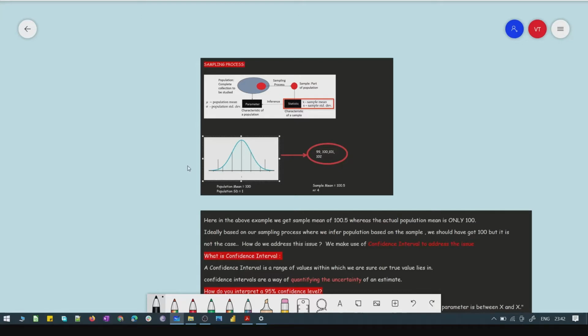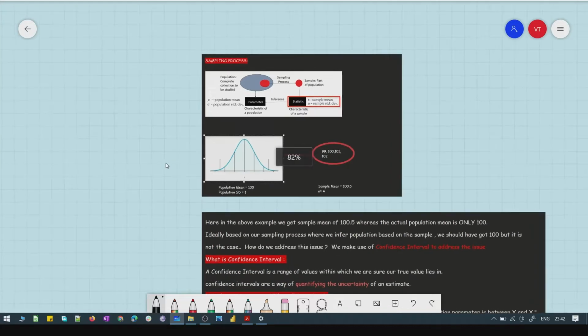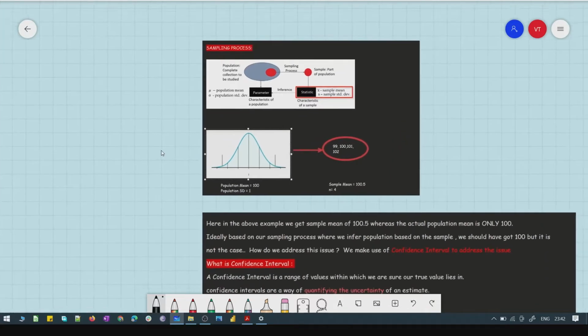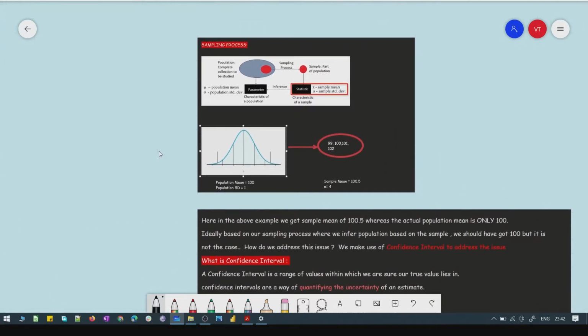Let me zoom in a bit so that you can look at the chart more clearly. Here I have a normal distribution. The bell-shaped curve that you see here is a normal distribution. This represents the whole of the population, and the population mean is 100.